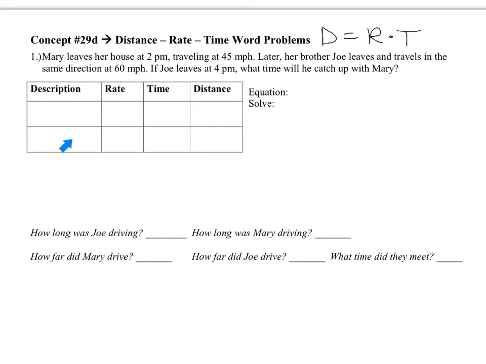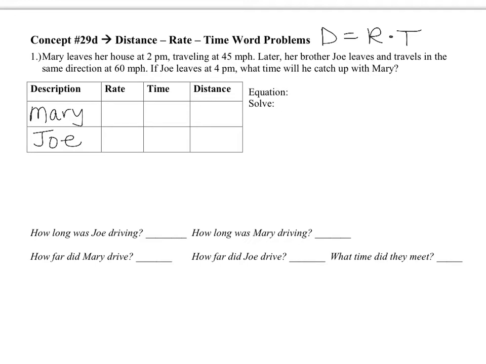For description, we're going to talk about who we're talking about, right? So we're talking about Mary and Joe. So let's say we've got Mary and Joe. And now, do we know something about Mary's rate? Yes, Mary's rate is 45 miles per hour.